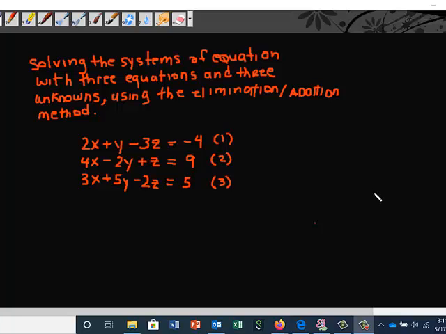So the first thing we want to do is multiply -2 to equation 1 and add it to equation 2 to get equation 3. And I will show you that right now.